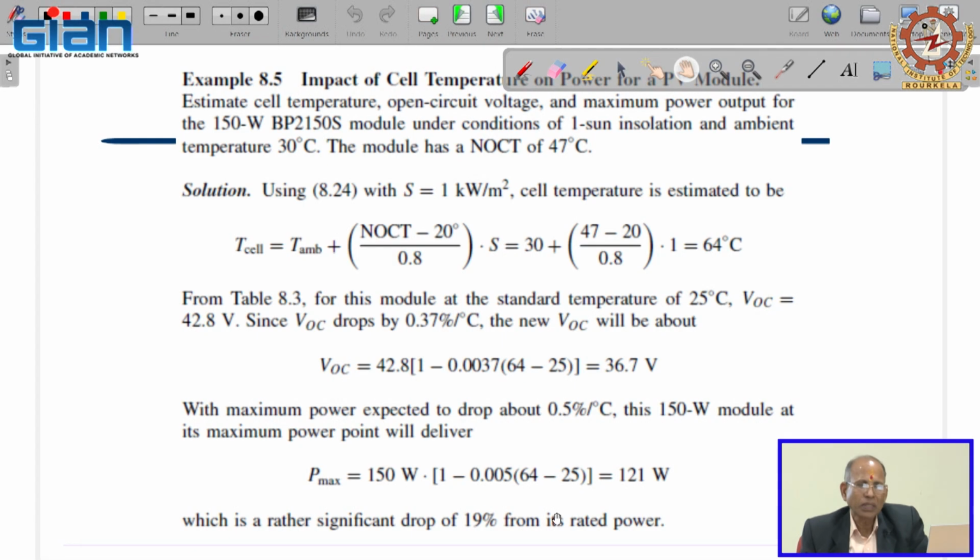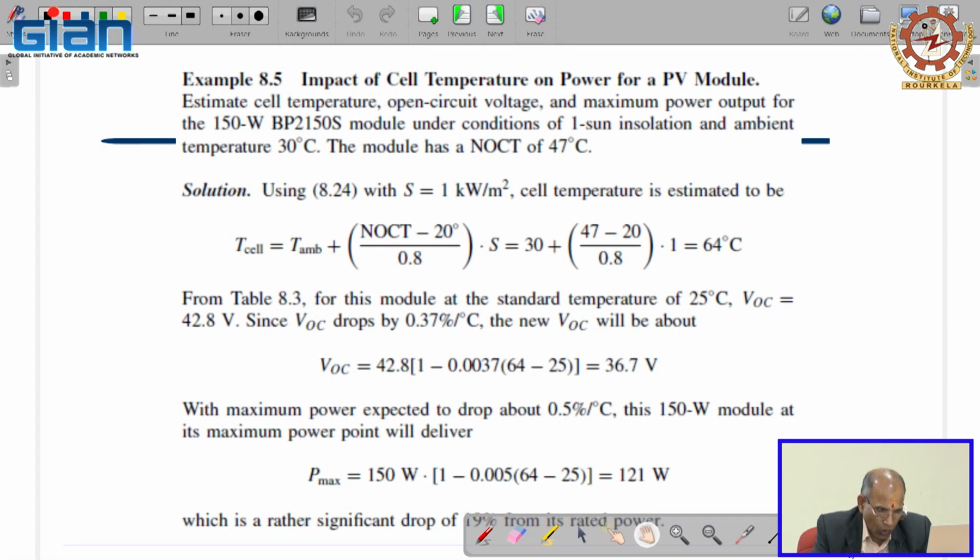This example explains it very well. I will quickly go through this example. Here you can see the impact of cell temperature on a PV module. We have a PV module of 150 watt under conditions of one sun insolation and ambient temperature of 30 degree.